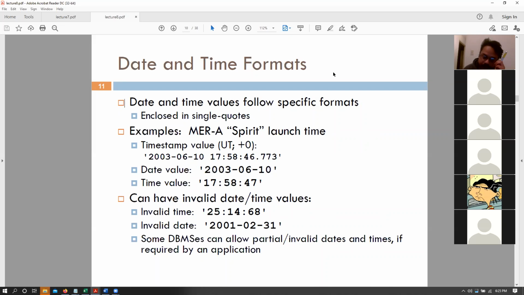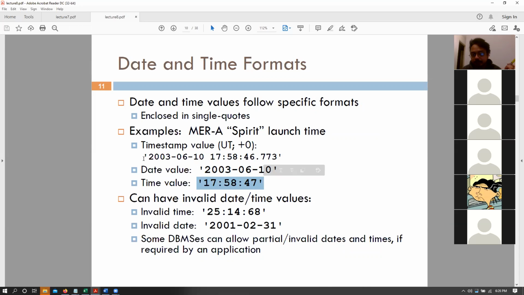One way of writing out date and time values is something similar to this, where within single quotes you give the date, that is 2003-06-10. So that is year, month, date. That is the launch date for the Mars rover that we called Spirit, right? So essentially June 10th, 2003, and within single quotes, the exact time: hours, minutes, and seconds. And this is 24-hour time.